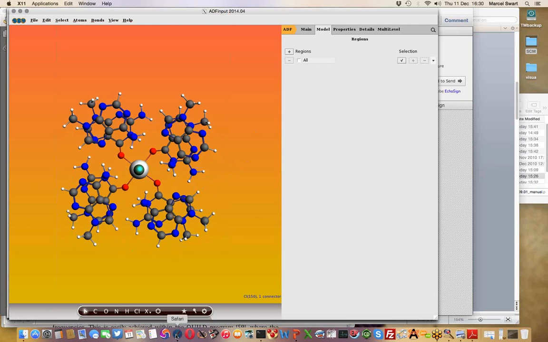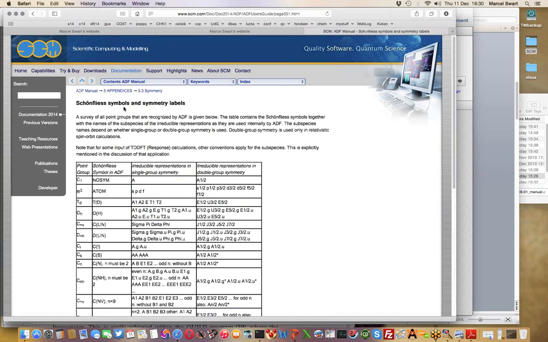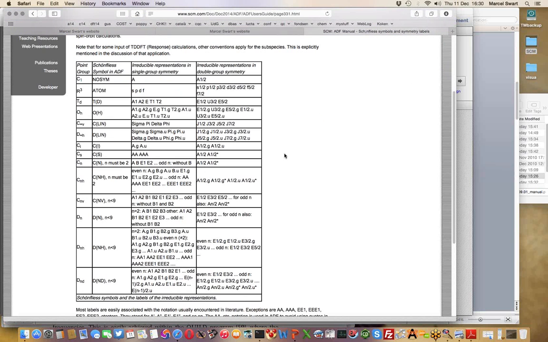If you now go to the ADF manual on the SCM webpage, in the documentation of ADF, there's also a section on symmetry. You see which symmetry representations you can use within ADF for the orbitals.